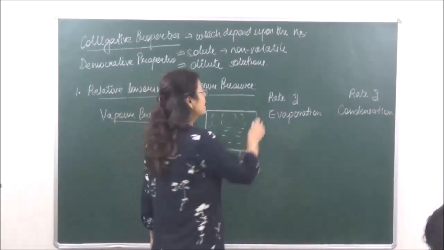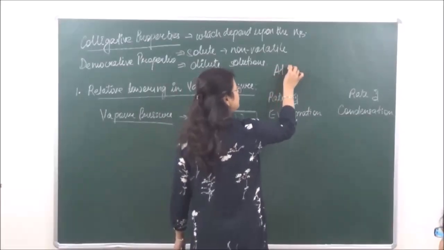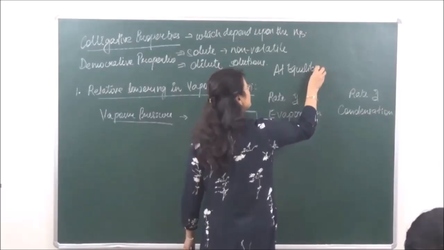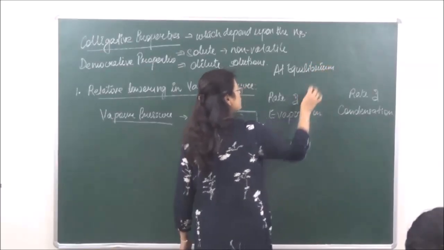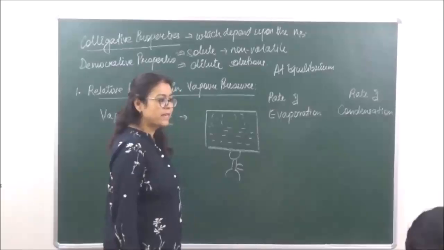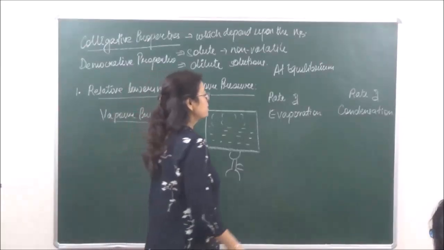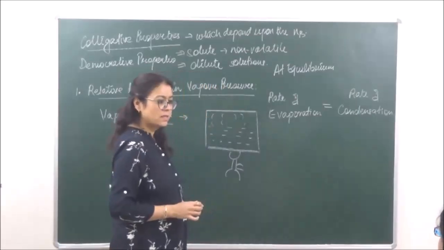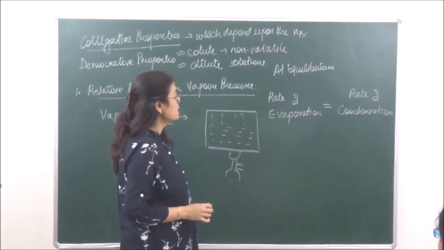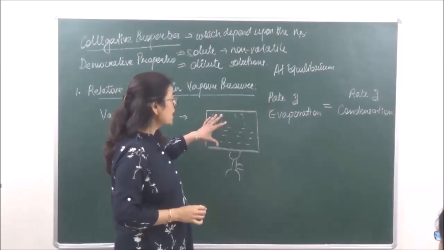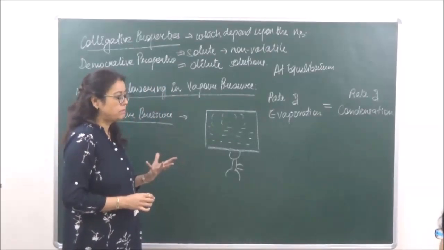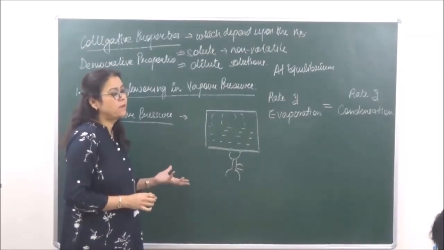Now at equilibrium, rate of forward reaction is equal to rate of backward reaction. So at equilibrium, rate of evaporation is equal to rate of condensation. At this particular time, the vapors left above the surface start creating a pressure, and that is known as vapor pressure.